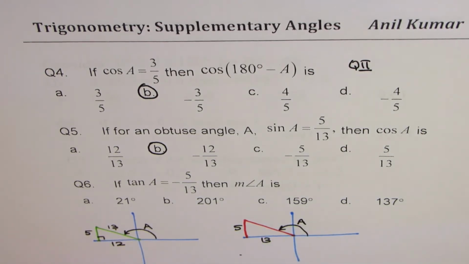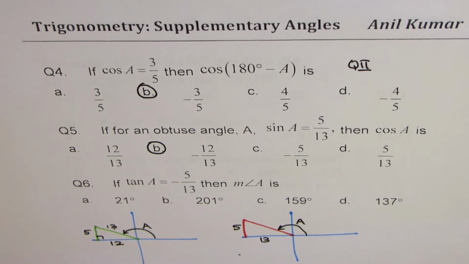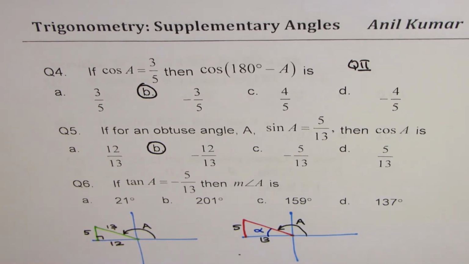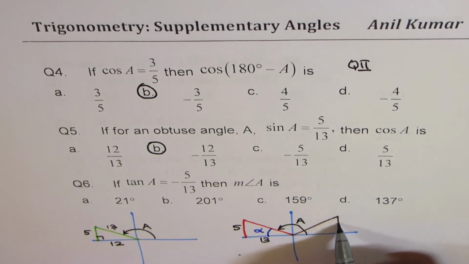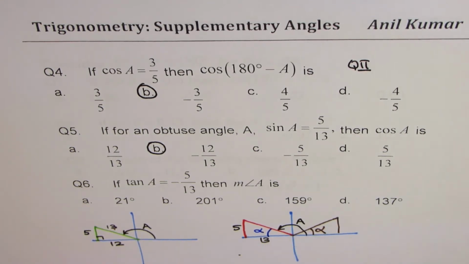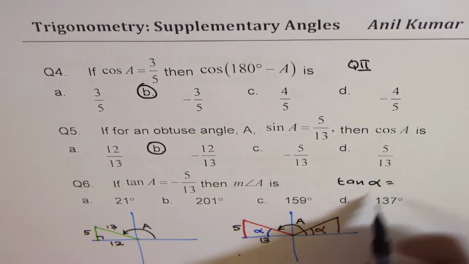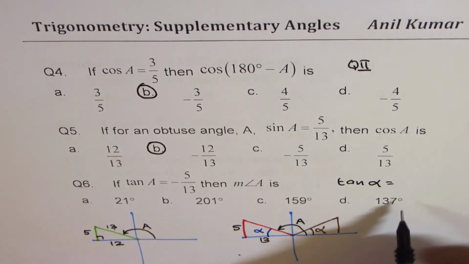Now how to find such angles? To find these angles, we should actually find the related acute angle alpha. Consider a triangle in quadrant 1 with this angle alpha, right? We know tan A, so tan alpha is going to be positive, since in quadrant 1 all are positive, right?